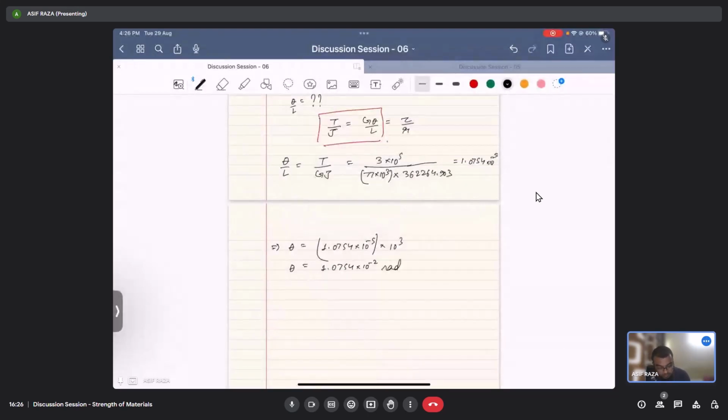We need to convert it into degree, and that would be equal to 1.0754 into 10 to the power minus 2 into 180 upon pi degree, and this would be equal to 0.616 degree.